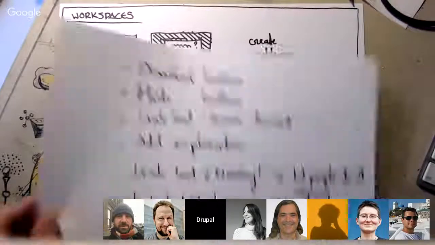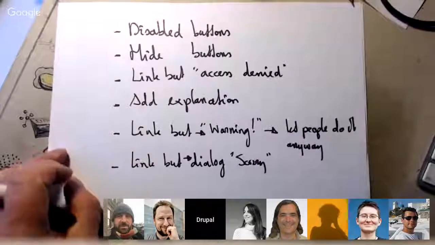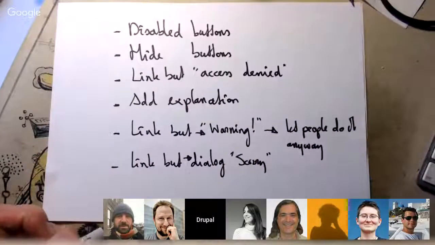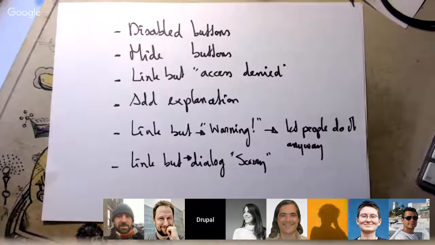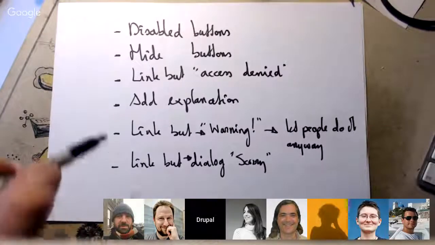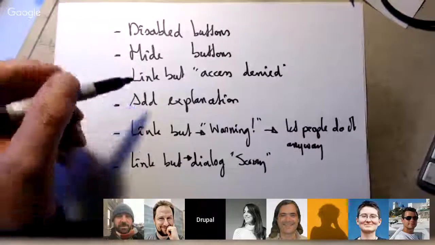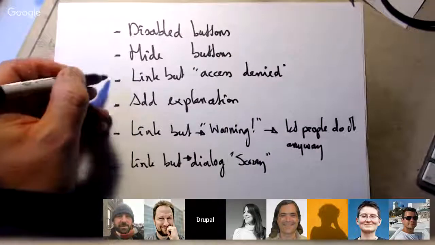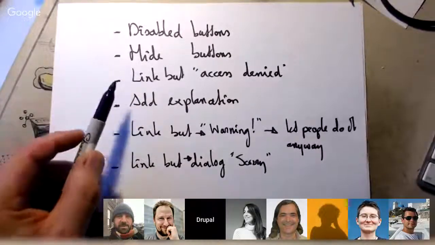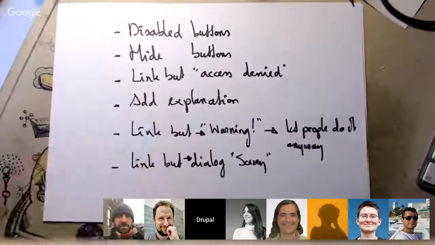So disabled buttons is hard, I hear. Hiding buttons is very user hostile. Link with access denied is almost as hostile, at least as hostile. Adding an explanation is probably too weak.